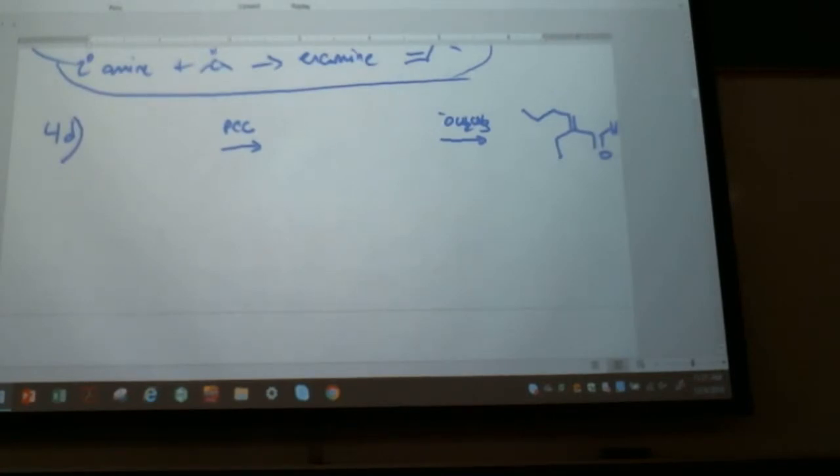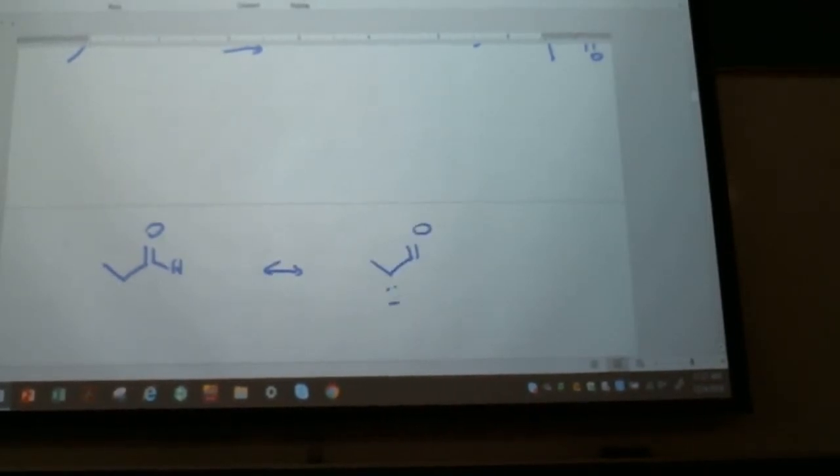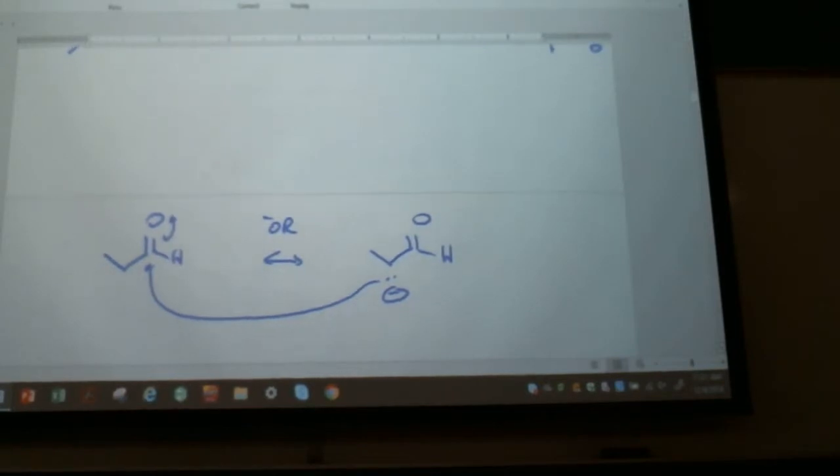occurs when you have some sort of ketone or aldehyde in equilibrium with the enol, right? And that equilibrium you make under a basic hydroxide or methoxide condition. So you have about an equal concentration of the two. Your nucleophile is going to attack your electrophile.